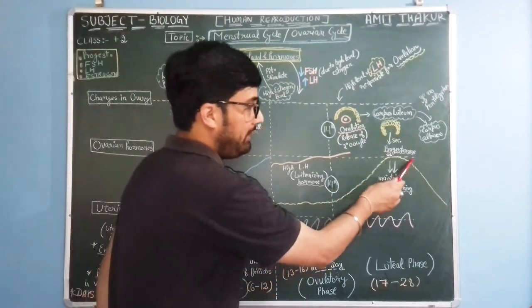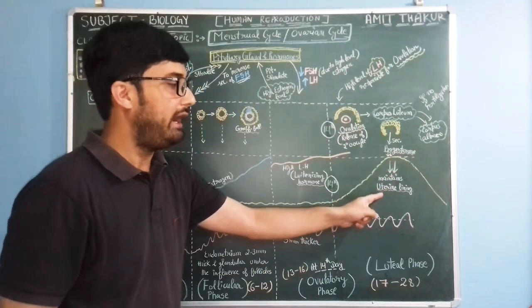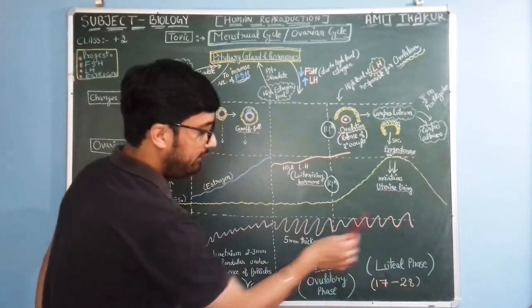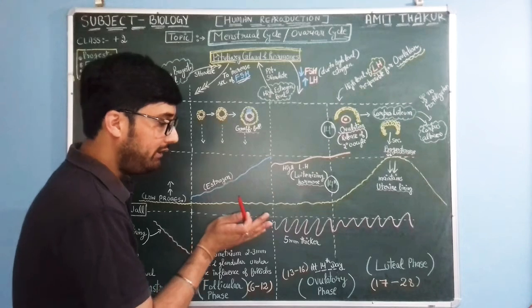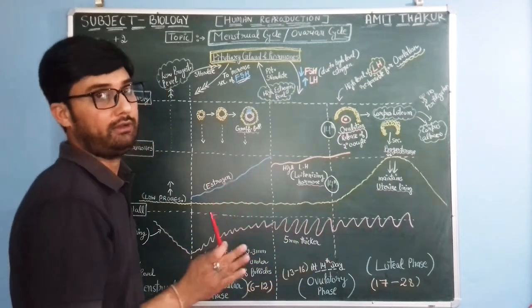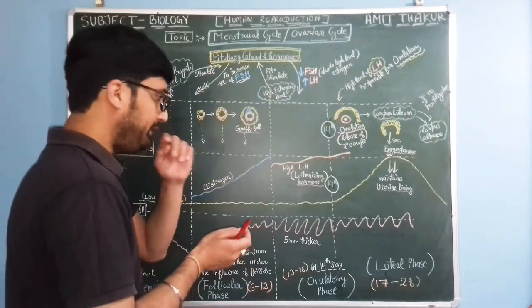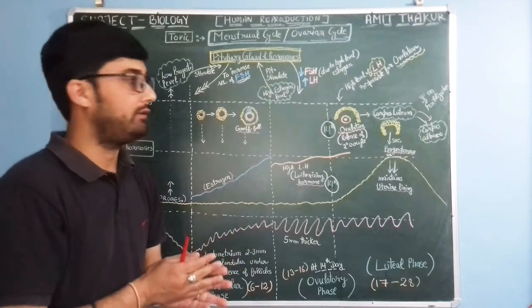Due to the secretion of progesterone, this hormone maintains the uterine lining. Here you can see the uterine lining is now around 5 to 6 millimeter, because it is ready to have embryonic development.